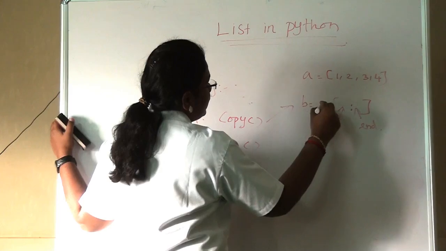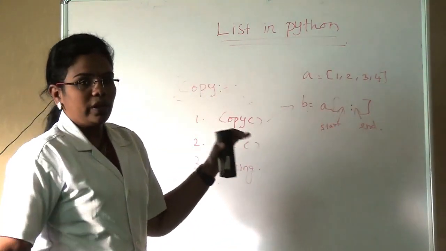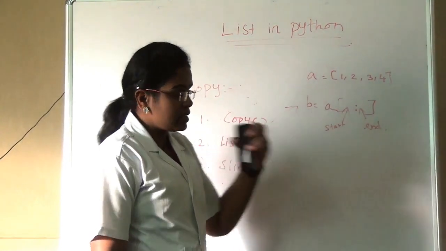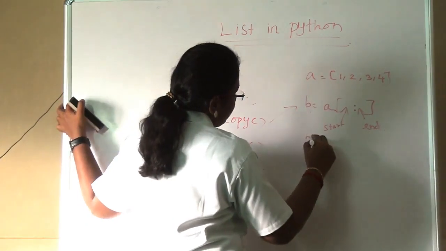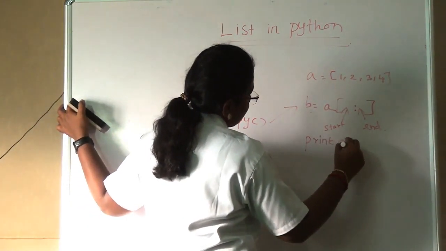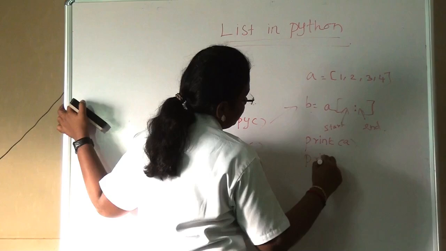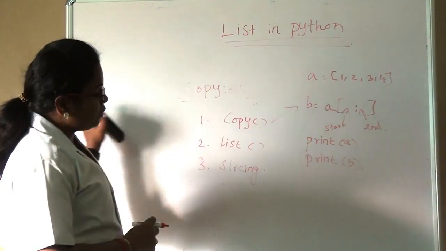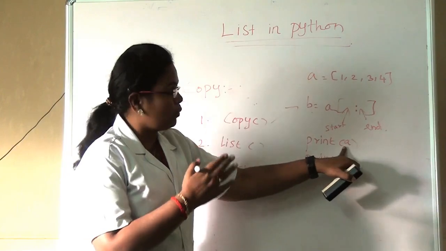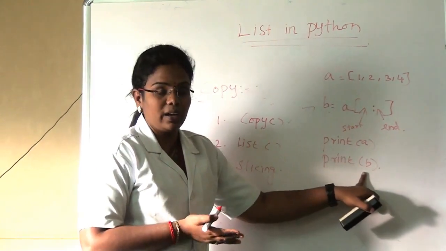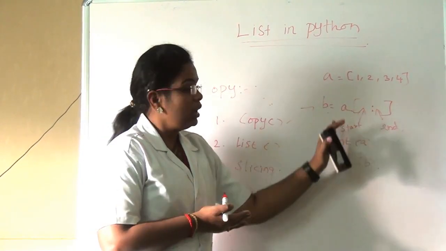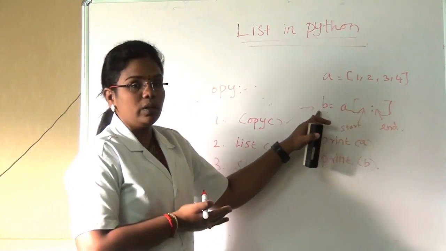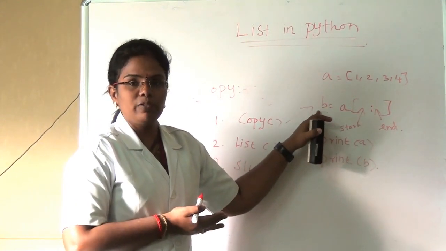B equals A of, excluding the start and end index. Now I can print A and print B. A has 1, 2, 3, 4 and B also has a copy of 1, 2, 3, 4. All the elements will be copied into B. That is the slicing method of copying.